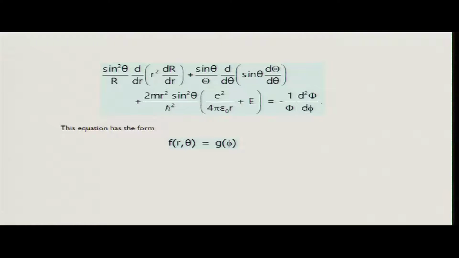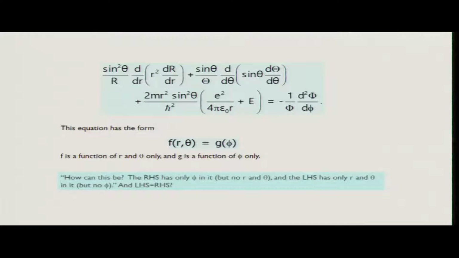This equation has the form f of r, theta equal to g of phi. F is a function of r and theta only, while g is a function of phi only. So, how can this be? A natural question is how the right hand side only has phi in it but no r and theta, whereas the left hand side only has r and theta in it but no phi, and yet the left hand side and right hand side are equal.